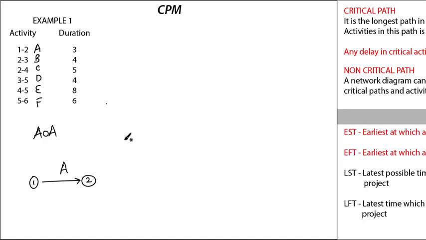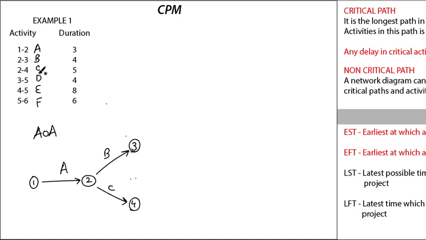You remember that merge and burst, no? So there are 2 activities bursting out, that is activity 2 to 3 and 2 to 4. So 2 to 3 is B, right? And 2 to 4 is C.